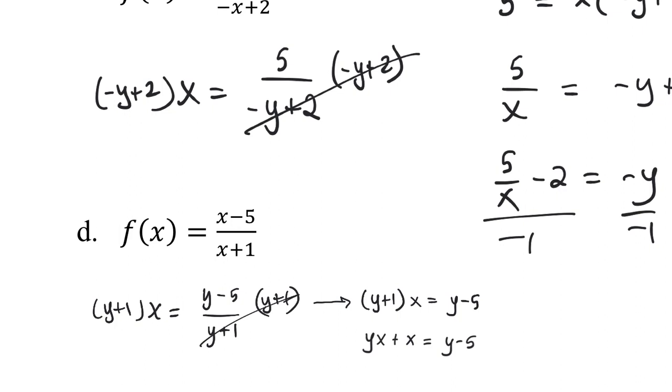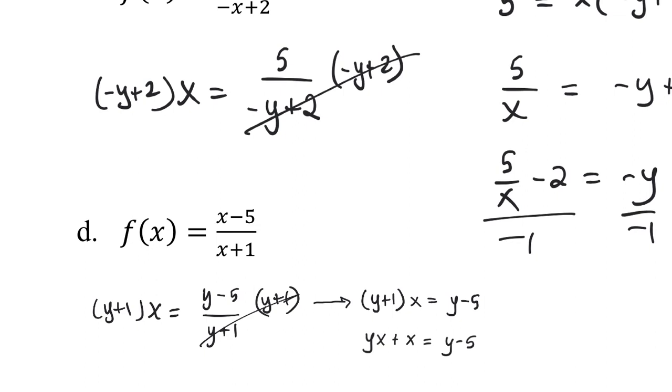Now we can just move terms around from one side of the equation to the other because nothing's being divided really and nothing's being multiplied. So this y right here needs to move. Either you move this yx over here or you move this y. It really doesn't matter. Just move them. So any way you do it, the y's need to be on the same side, and any term that doesn't have a y needs to be on the opposite side.